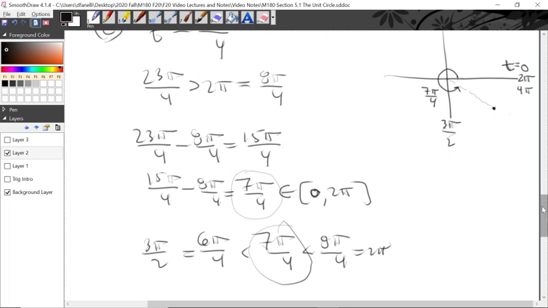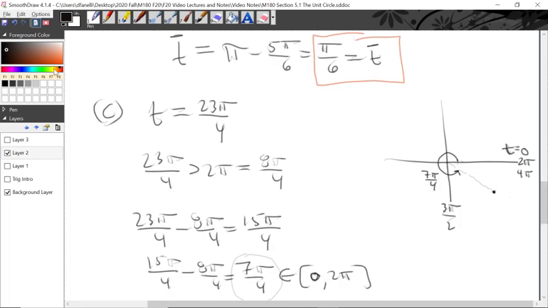Therefore, the initial value, 23 pi over 4, would have been found as what? We would have gone through 2 complete rotations and then back again along the rim of the unit circle, and we would have ended at the same point as we would have with 7 pi over 4.